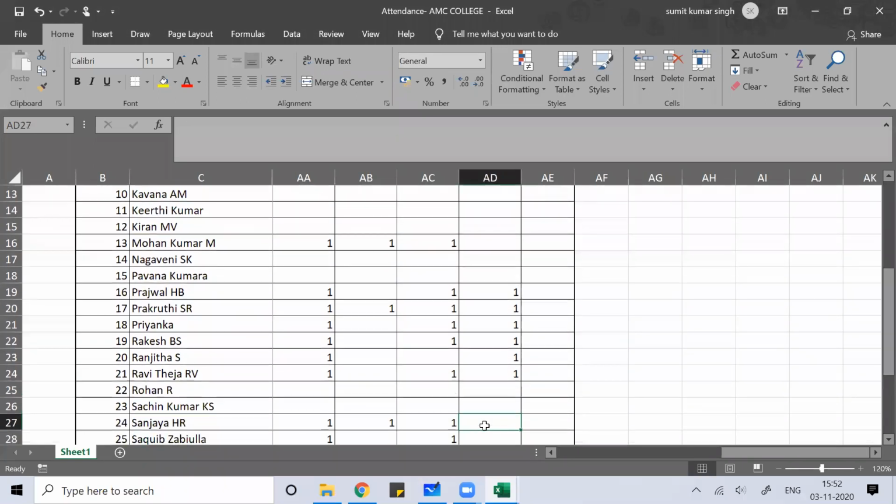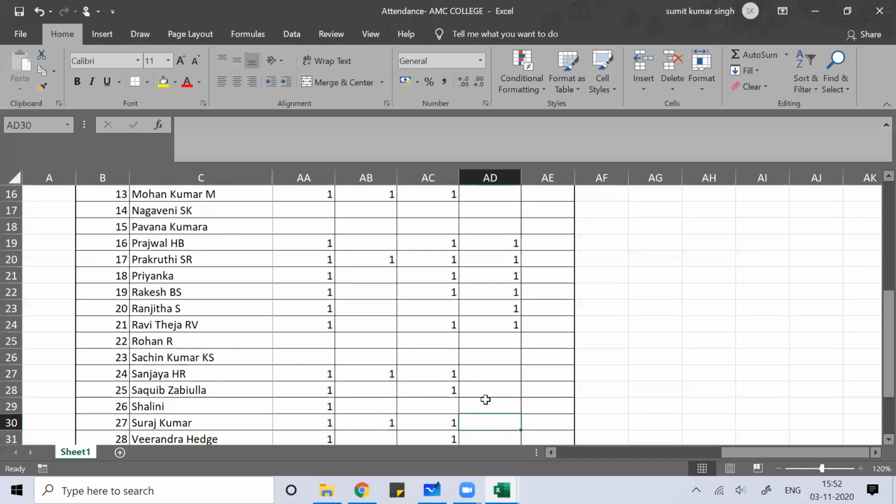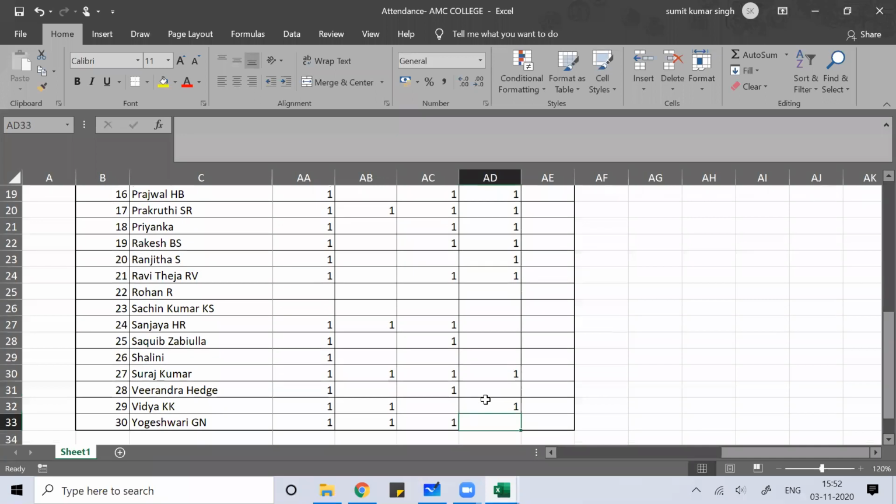Rohan, Sachin, Sanjay is not there. Shakib, are you there? Suraj is there. Vidya is there. Yogeshwari is there.